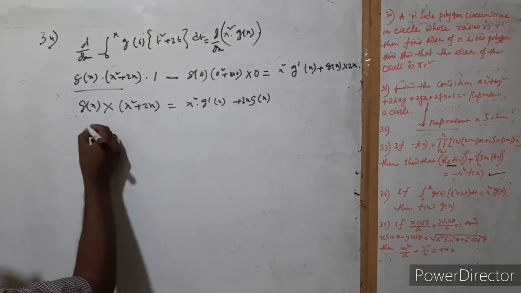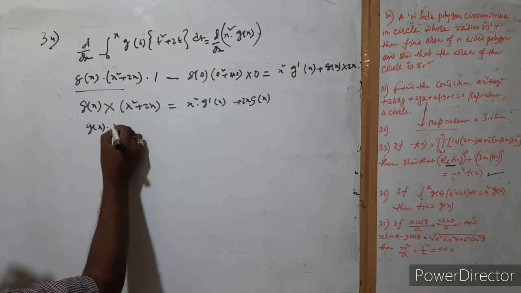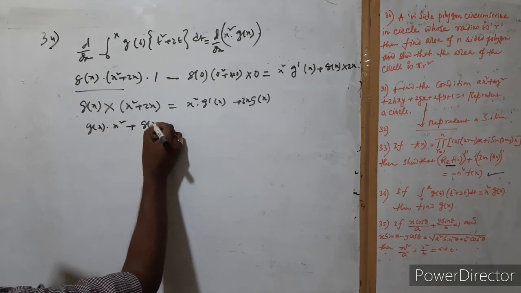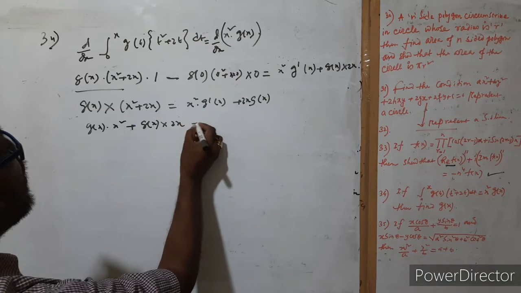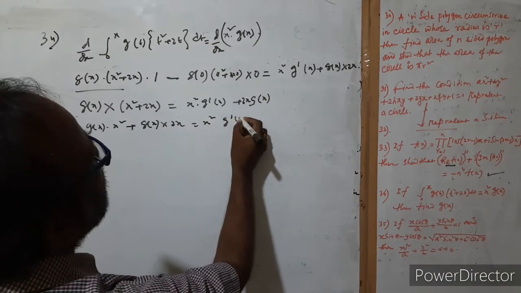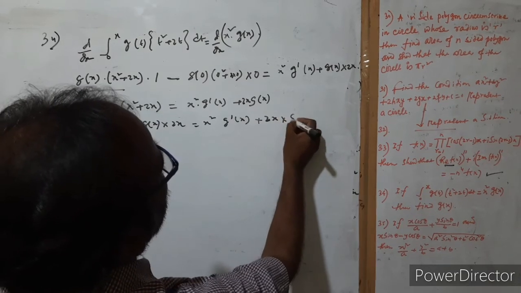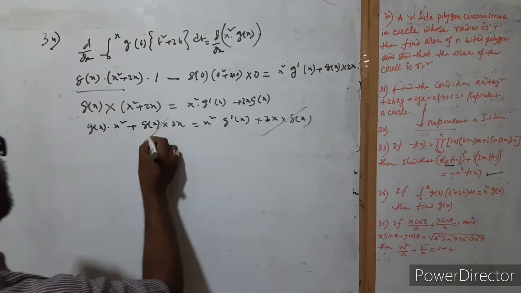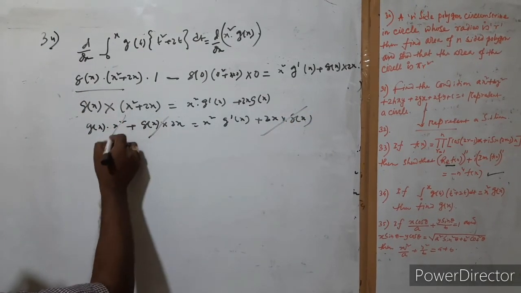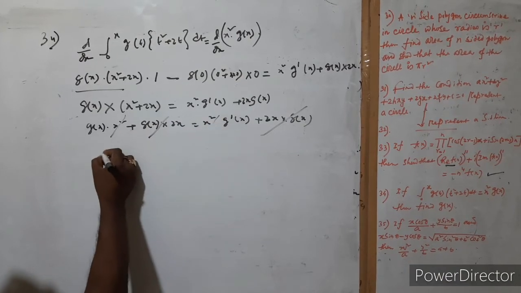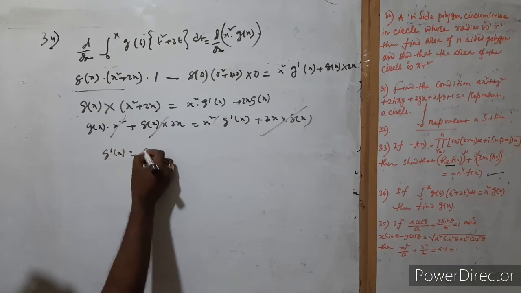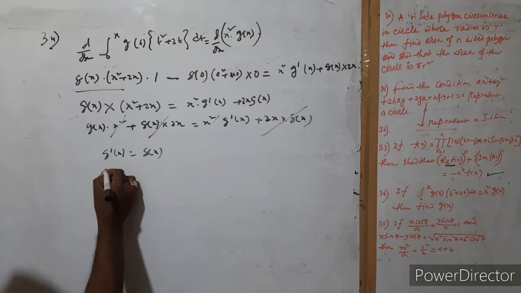This is g of x into x square, g of x into twice x, x square g dash x plus 2x g of x. These are cancelled. So g dash x is equal to g of x.